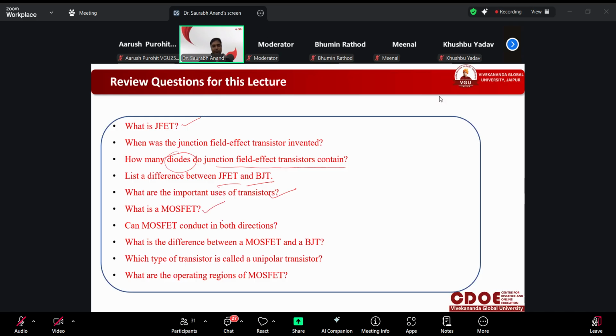What is MOSFET? Can it conduct in both? It is not possible. What is difference between MOSFET and BJT? Which type of transistor is known as unipolar? So it is FET and MOSFET. What are the operating regions of MOSFET? So in this case, we can give the answers.